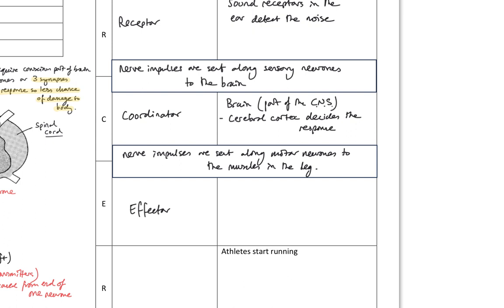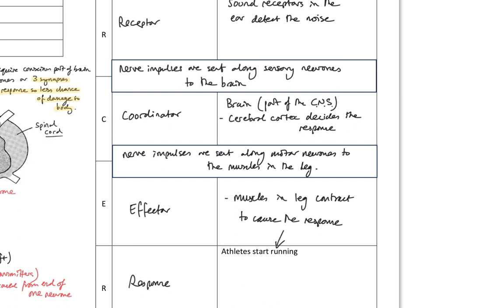So the muscles in the leg. I kind of said it above really. I'm going to put it here. Response. Muscles in the leg contract to cause the response, which is the athletes start running.